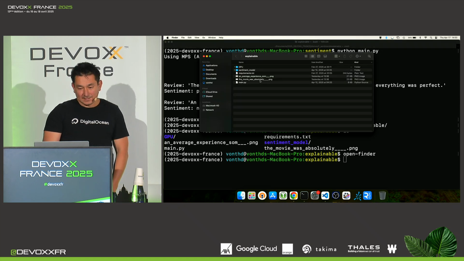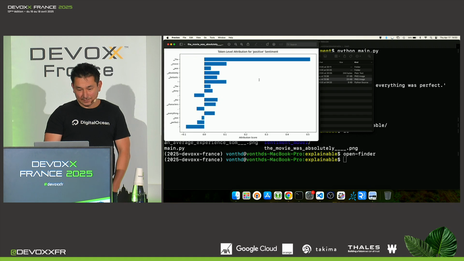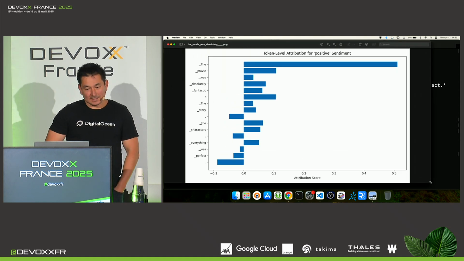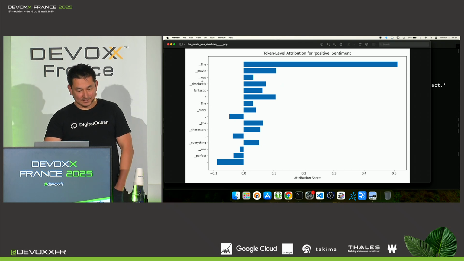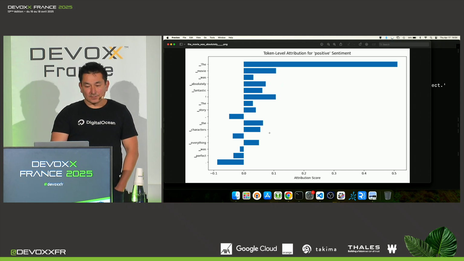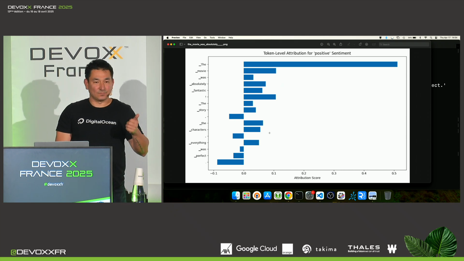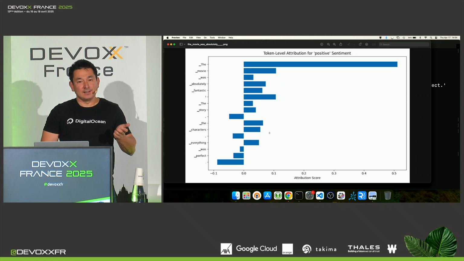If we take that first sentence, the movie was absolutely fantastic, the story and the characters, everything was perfect, this is the attribution. Using Captum, you can find out, based on words and structure, how it arrived at that classification.